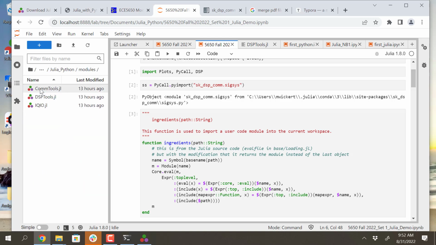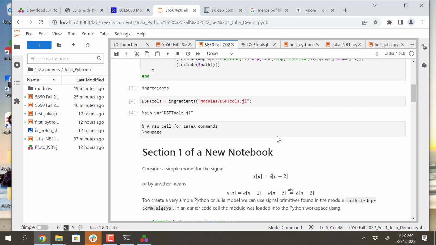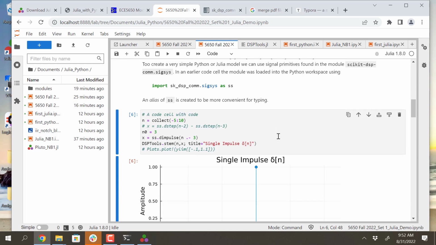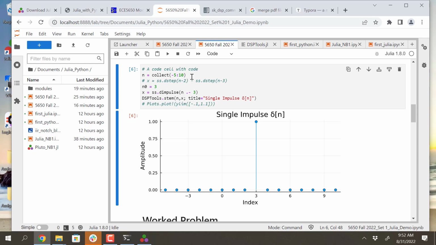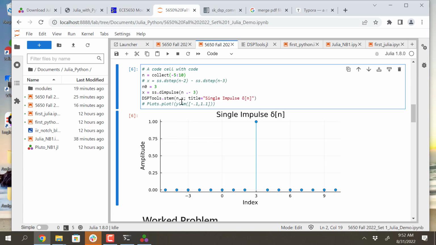It's in this modules thing. At any rate, when you go ahead and do things like we were just doing, the delta, I have collect in here, and help in Julia is the same way, shift tab, and that should bring me help. There it is. It took a while for it to come up, but that's the help on collect.